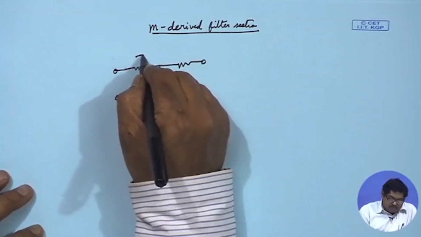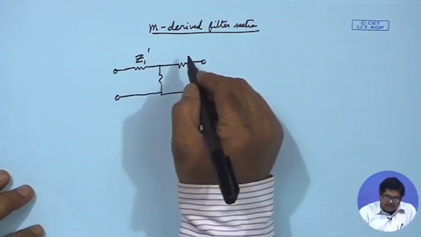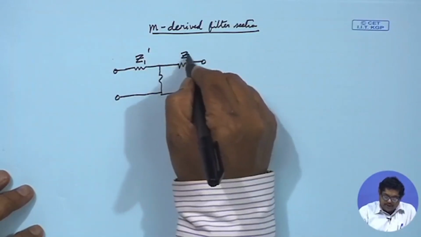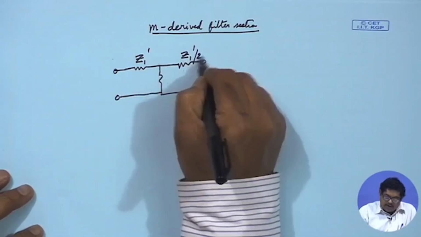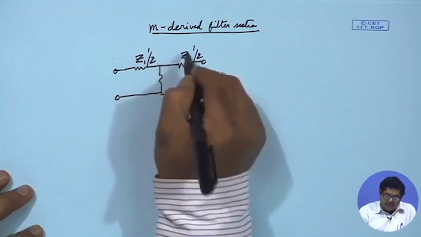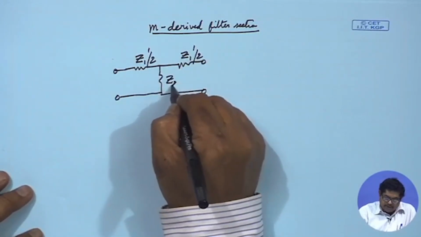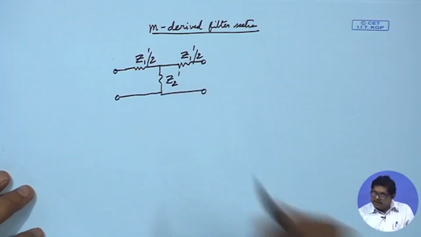I now call the new series impedance Z1 dashed by 2, using dashed or primed quantities, and the shunt impedance Z2 dashed. So, this is m-derived.